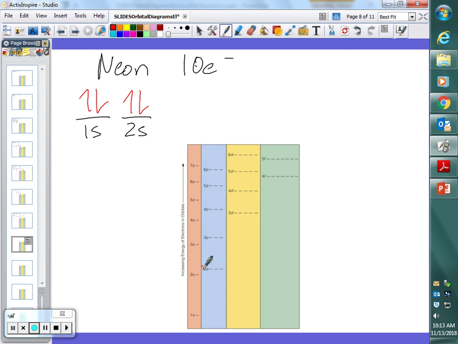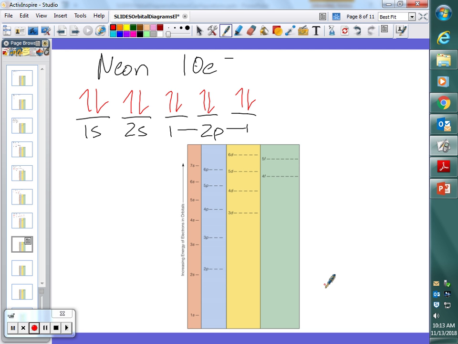We've placed 4 electrons so far. Then 2p. Again, I don't necessarily expect you to do this on the test, but if we're going sequentially, electron number 5 would go here, number 6 here, number 7 here, 8, 9, 10.